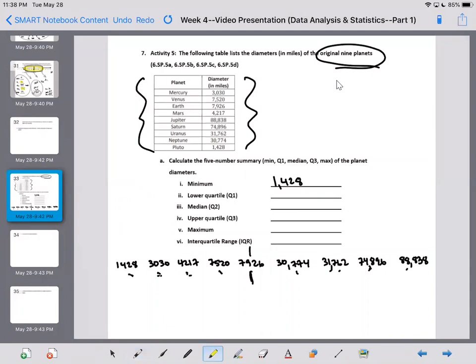So here's your median. When you're trying to find Q1 and Q3, you're not including the 7,926. You're actually looking at a median with those 4 and a median with these 4. So that's going to be somewhere between 3,030 and 4,217.